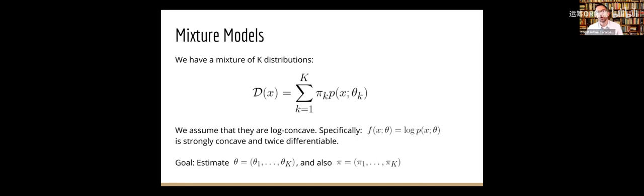It's more like 1 over the smallest mixing weight, and that's again unavoidable. If you have one mixture component that has very, very little weight, you need to wait around to get d over epsilon squared samples from that component, no matter what. So really it's not k, but 1 over pi min.